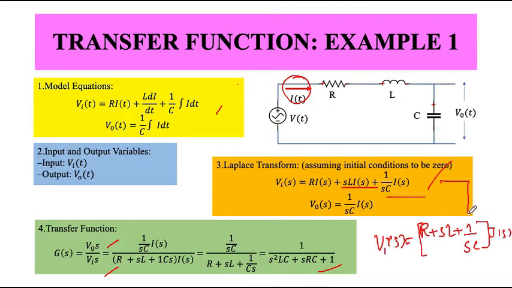From this equation, I can say the transfer function, just to distinguish between this, I put here Gs, is Vi by IS equals R plus sL plus 1 by sC. So now this is my new transfer function.